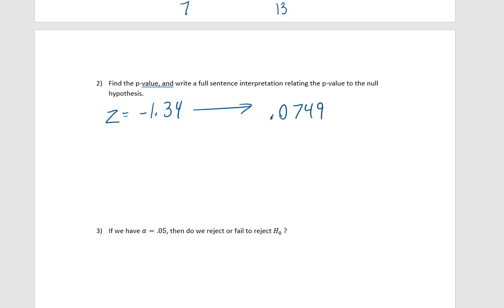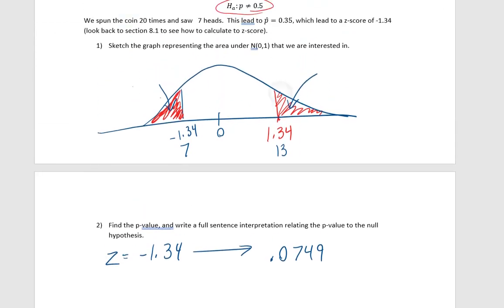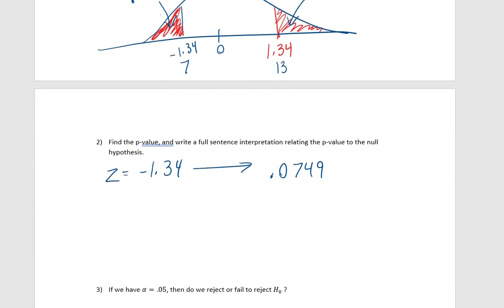So that's going to give us 0.0749, but remember, that's just the area on this side. We also have to add the area on this side, and since it's symmetric, it's going to be the same amount of area. Like if you fold it in half, it would land on itself. So we need to multiply that by 2, and here's what we're going to get: 0.1498.